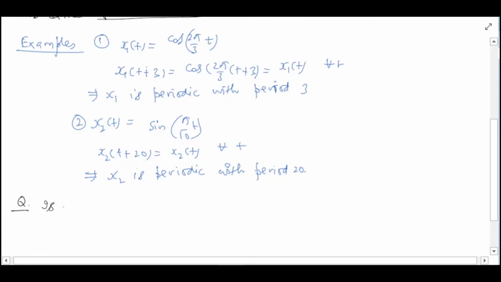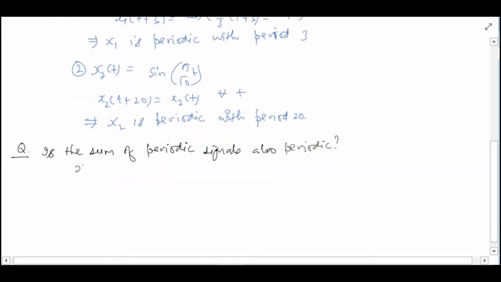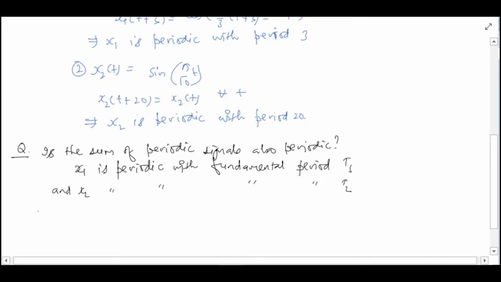More precisely, if x1 is periodic with fundamental period T1, and x2 is periodic with fundamental period T2, is x1 plus x2 periodic?